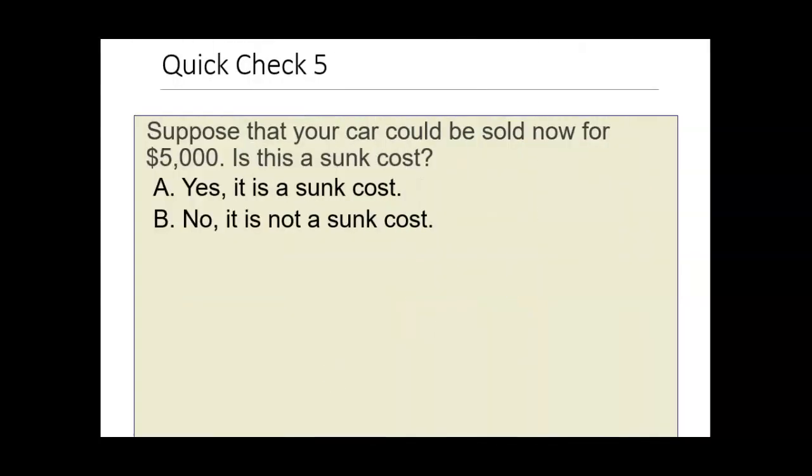Suppose that your car could be sold right now for $5,000. Is this a sunk cost? Again, suppose that your car can be sold right now for $5,000 in cash, right now. Is this a sunk cost? And the answer would be no, it is not a sunk cost.